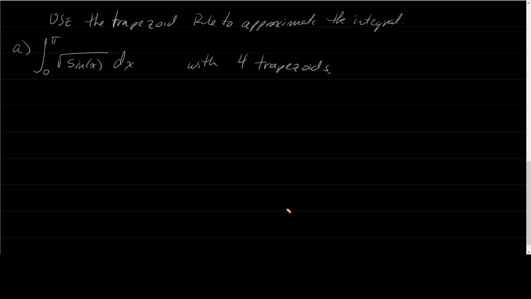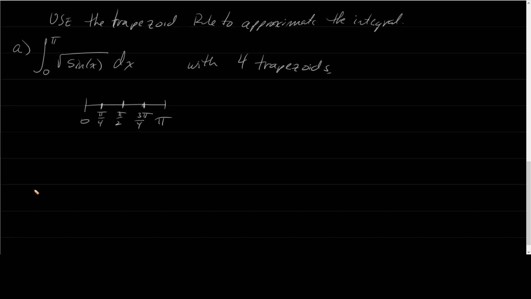So here we go. The very first thing I need to do is look at this interval. We're going from 0 to pi, and I want to split that up into 4 trapezoids, so I need 4 intervals. This is pi over 4, this is pi over 2, this is 3 pi over 4, and then we've got pi.